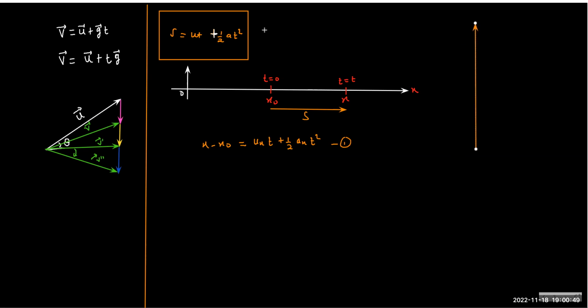So you can choose this as the y-axis, and this is the origin. And it is quite possible that at t equals 0, you may be here. So wherever you are at t equals 0, we call y naught. So here the coordinate is 0, y, and this is 0, y naught.